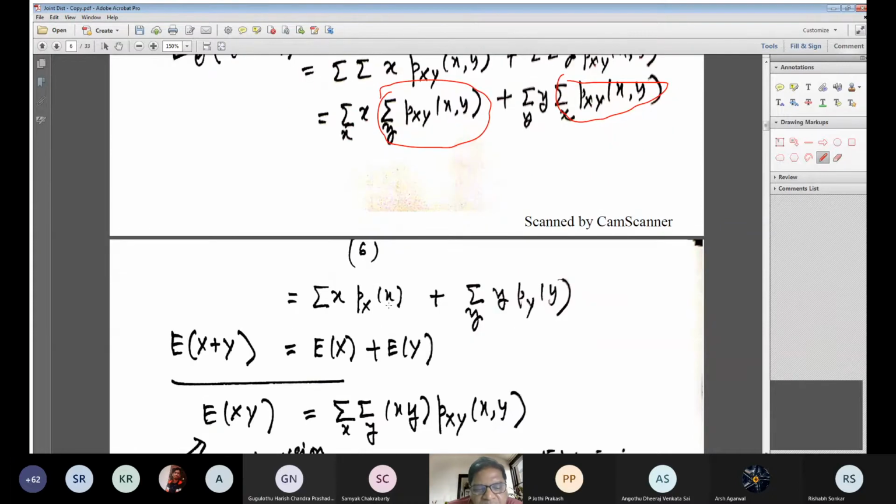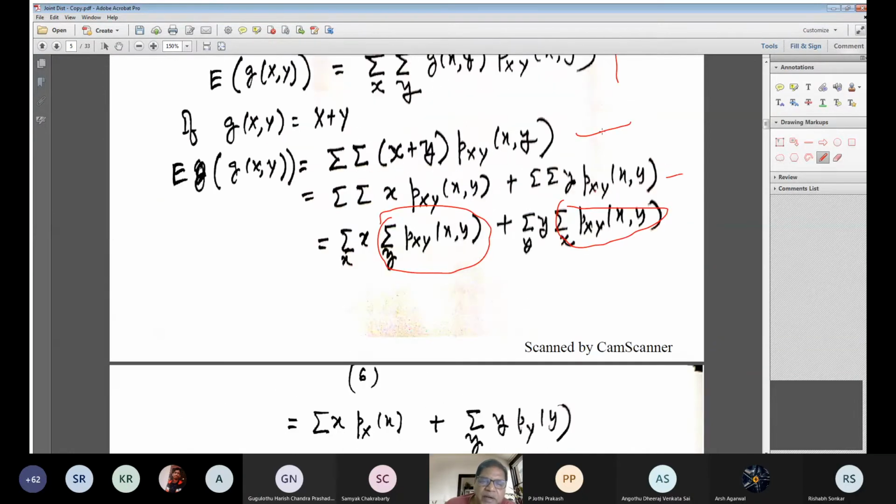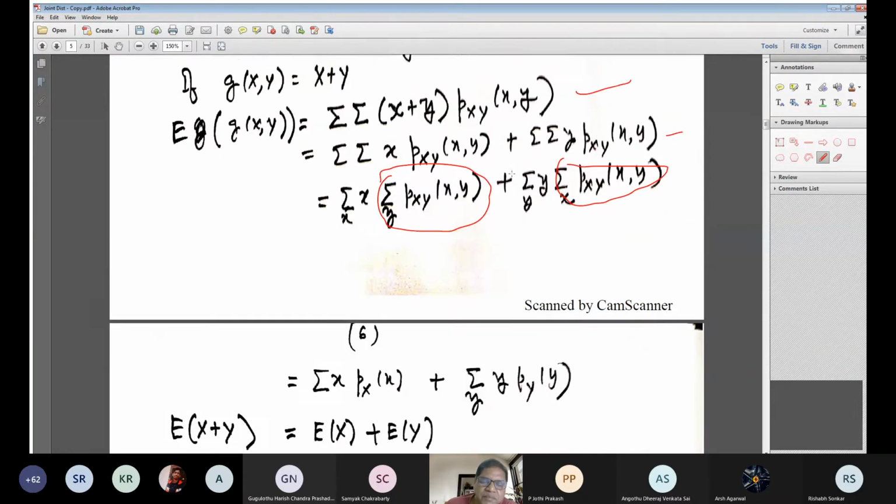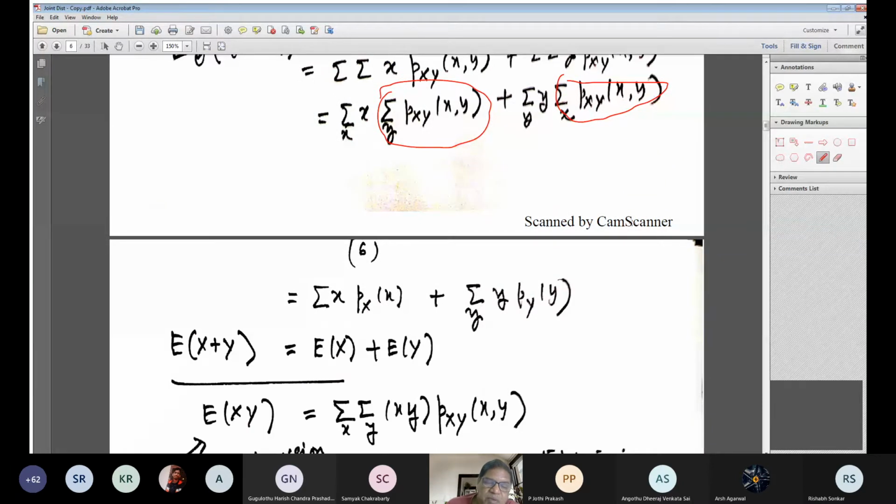So x p(x), y p(y), and we know that this is the expected value of x plus the expected value of y. To compute the expected value of x plus y, one can use this formula directly, but there is a simplified result which is more convenient than the previous one.